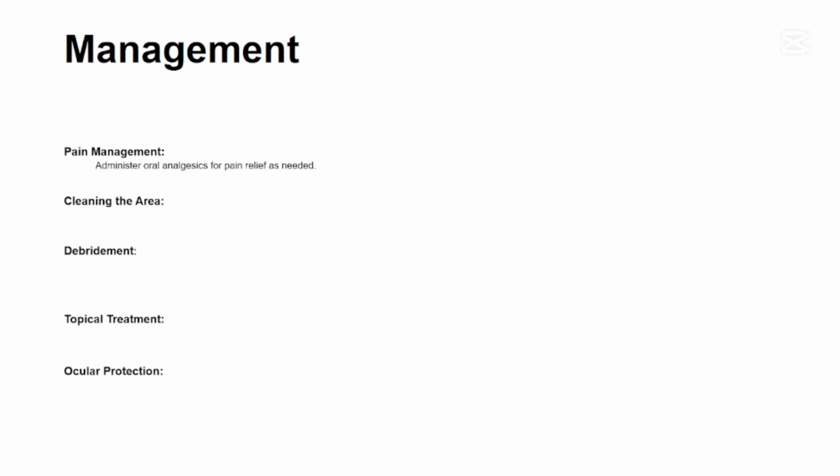So generally, for general burn management, you have to manage the pain initially, then cleaning and making sure it's not a site of infection, then debridement, then topical treatment and ocular protection.